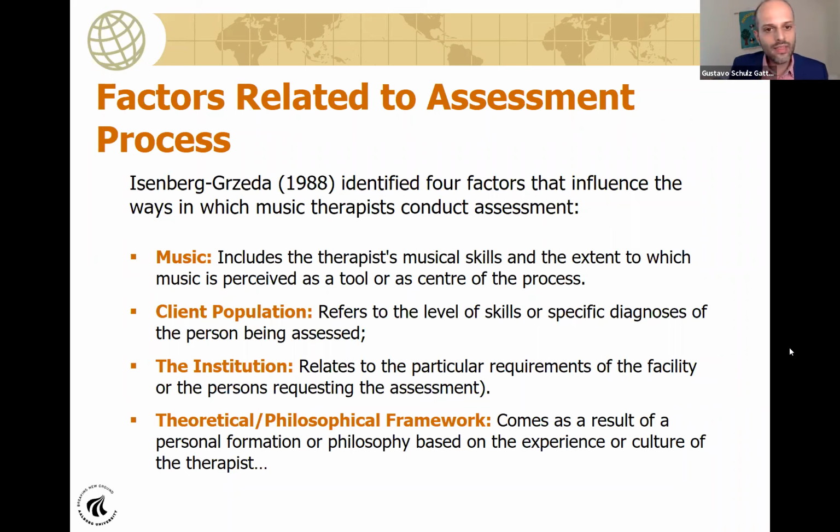And the last one, the theoretical and the philosophical framework. So when we understand different frames, I'm talking here about the beliefs of the therapist, how the therapist understands different concepts about life, about many different things, but also what specific theoretical frameworks or paradigms this person is following.